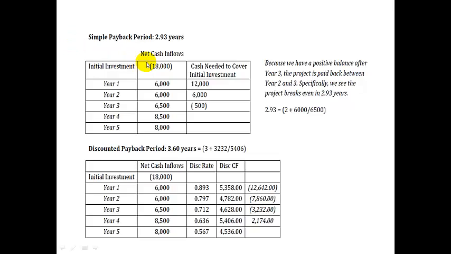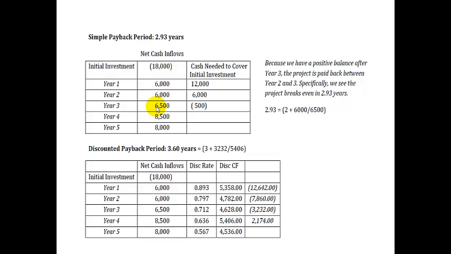So here's the initial $18,000 as the cash outflow to buy the capital asset. In year 1, I know my net cash inflows are 6. In year 2, I know my net cash inflows are 6. And to recover $18,000, I just would need 6, 6, and 6, wouldn't I? So I recover that $18,000 just before the end of that 3rd full year.